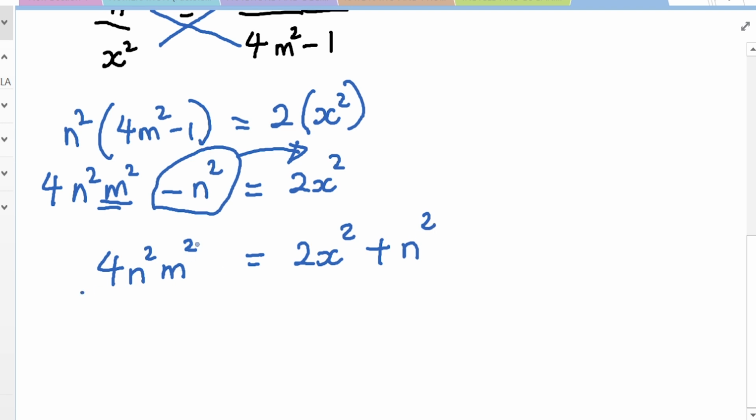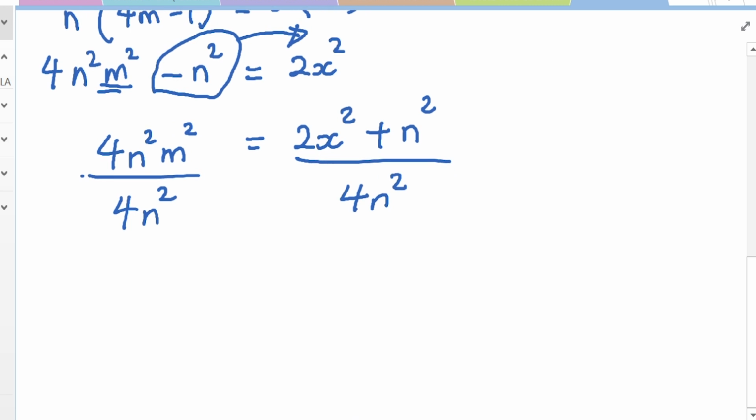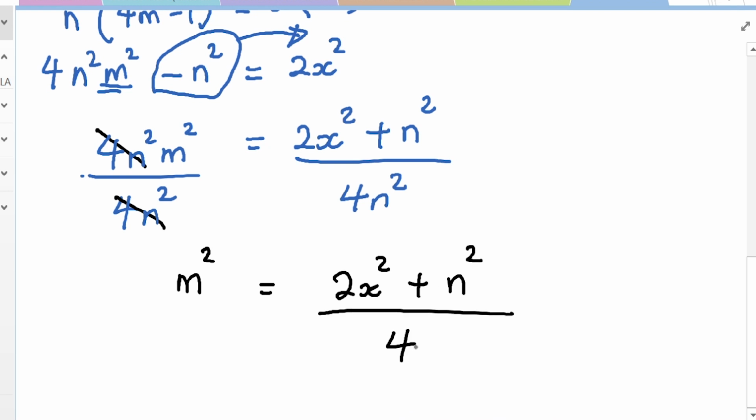Since we want m isolated, divide both sides by 4n squared. We remain with m squared equal to 2x squared plus n squared over 4n squared.